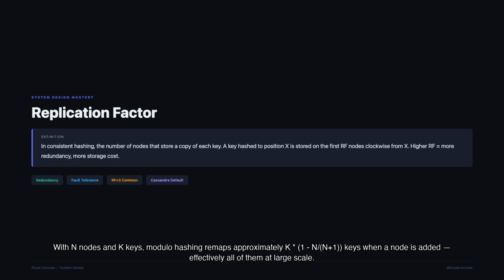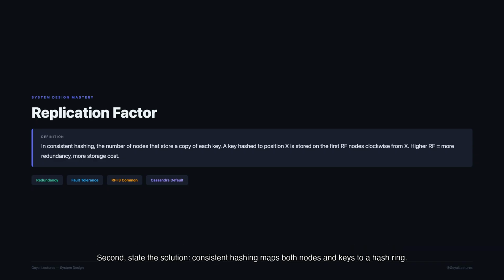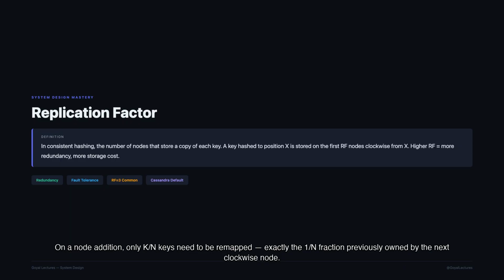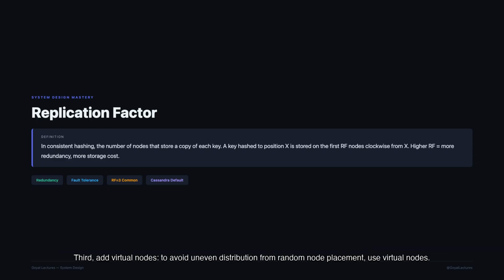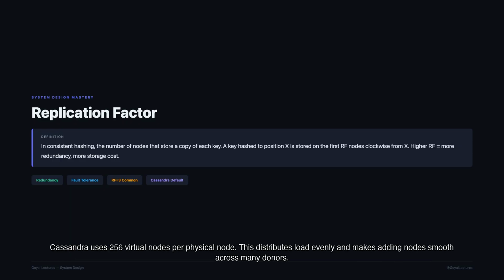Second, state the solution. Consistent hashing maps both nodes and keys to a hash ring. On a node addition, only k/n keys need to be remapped, exactly the 1/n fraction previously owned by the next clockwise node. Third, add virtual nodes. To avoid uneven distribution from random node placement, use virtual nodes. Cassandra uses 256 virtual nodes per physical node.